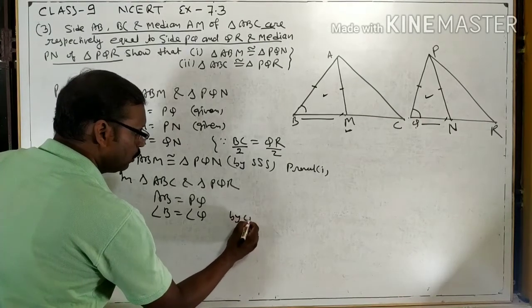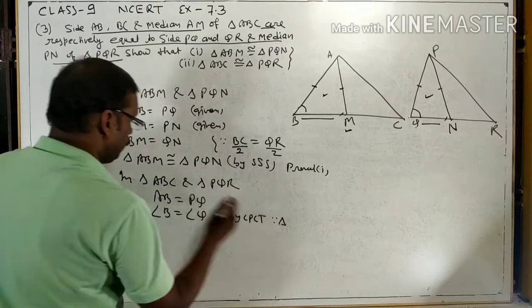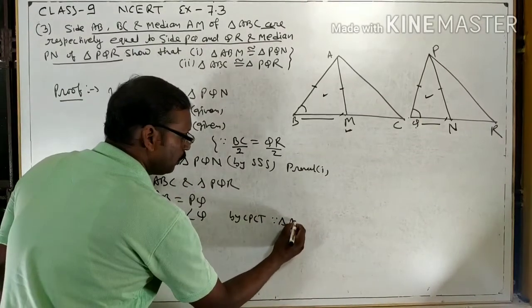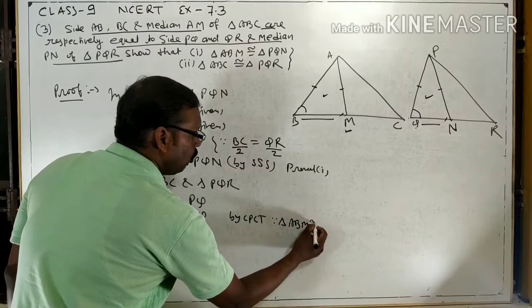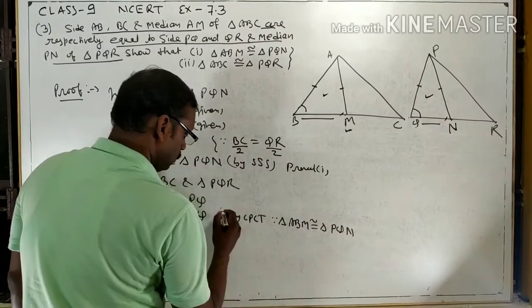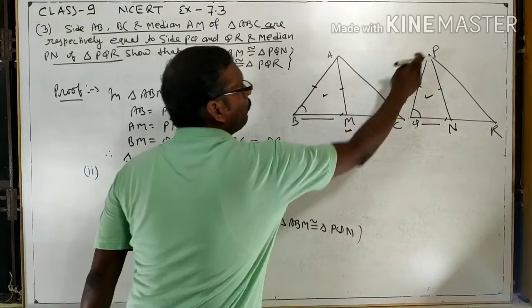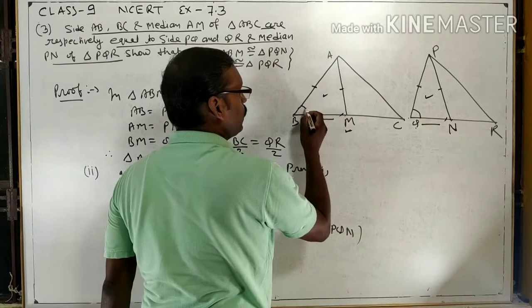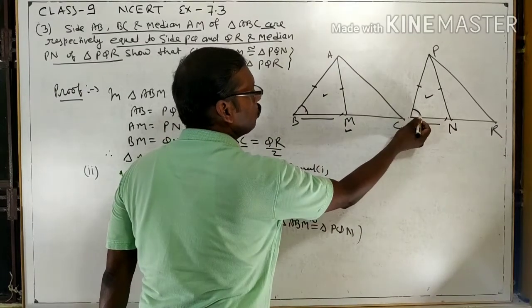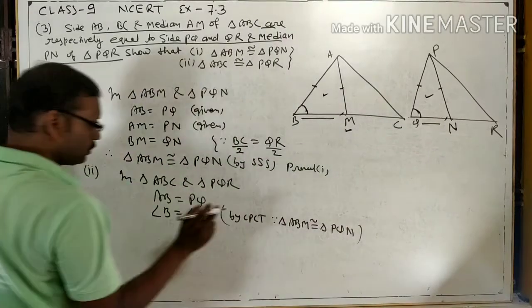Since triangle ABM and triangle PQN are congruent, we can say that angle B equal to angle Q by CPCT. ये दोनों triangle congruent है तो angle B equal to angle Q by CPCT.